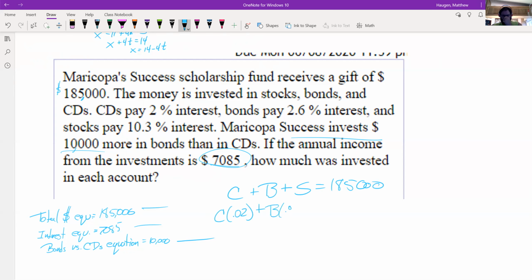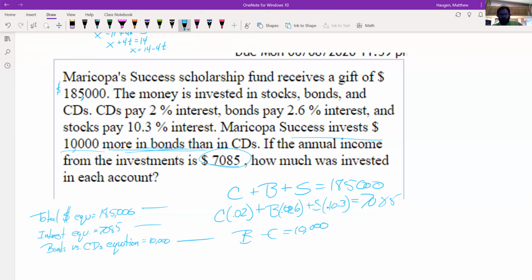Plus S and 10.3. Well, in percent notation. Equals the 7,085. And B minus C equals 10,000. That's your equation. More in bonds, so bonds is bigger, right? So B minus C equals 10 grand. And that's it. That's the system.